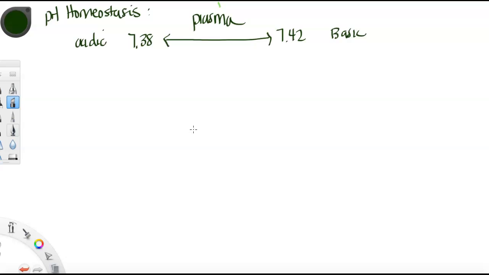pH has a huge effect on proteins. Proteins are denatured by acids, and then they can't function.